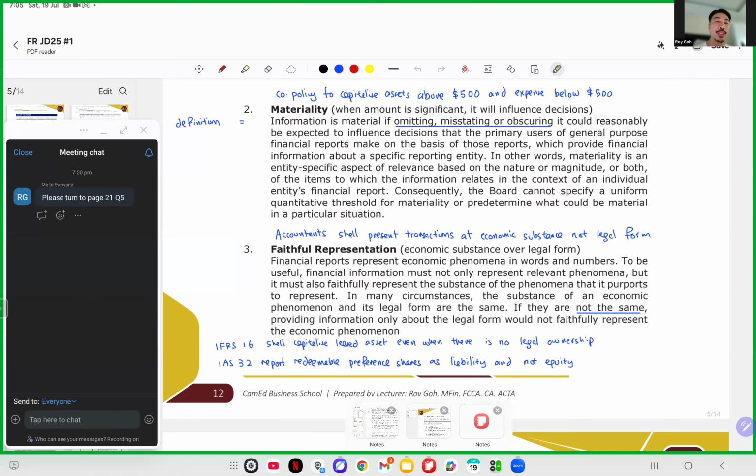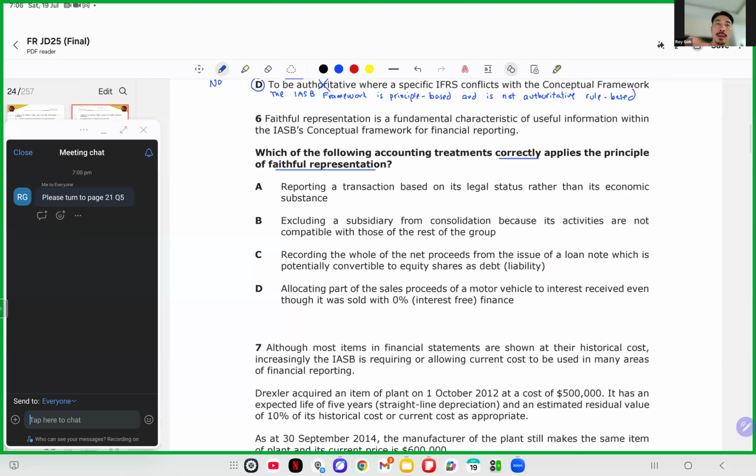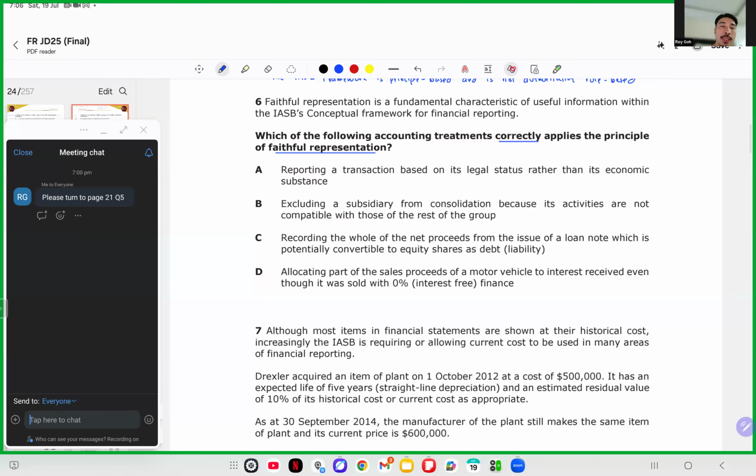Let's see what question 6 is asking. Which of the following is correct on the principle of faithful representation? So what's the keyword? Correct. Therefore, correct and faithful representation. These are 2 keywords.